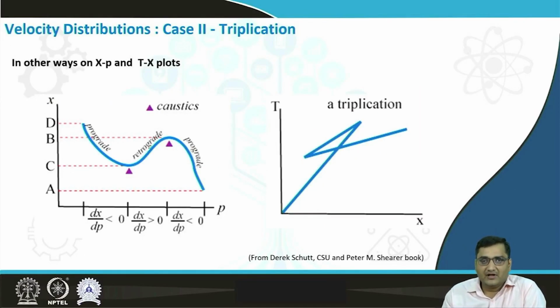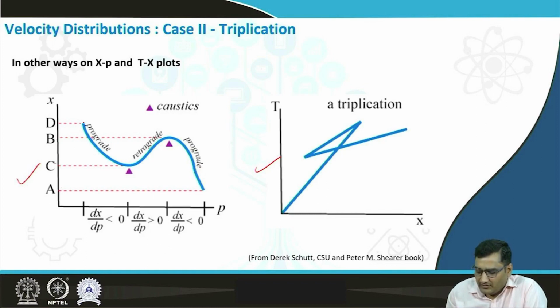And in other ways, on the xp and the tx plots, you can see triplication somewhat like this and this. So you can see that between B and C, there is retrograde motion. Between D and B, there is prograde motion. Between C and A, there is prograde motion again.